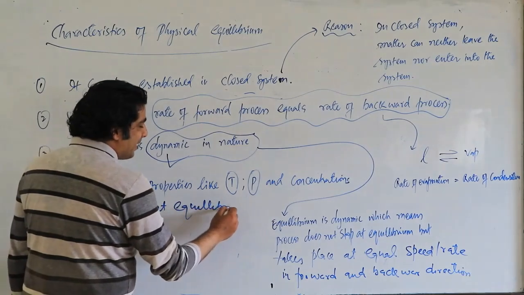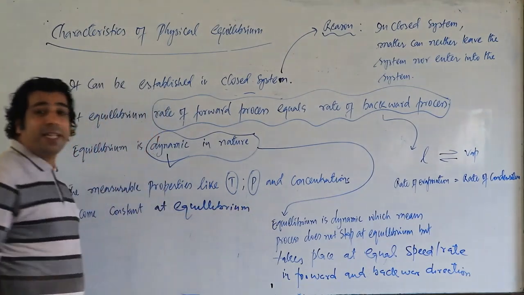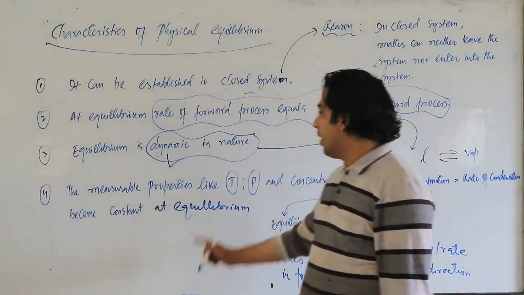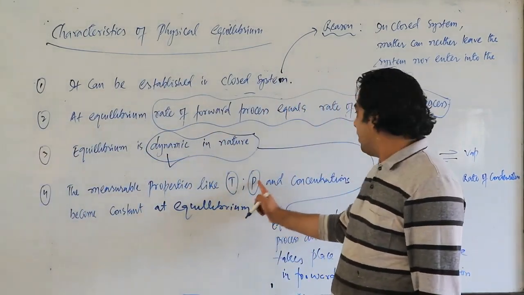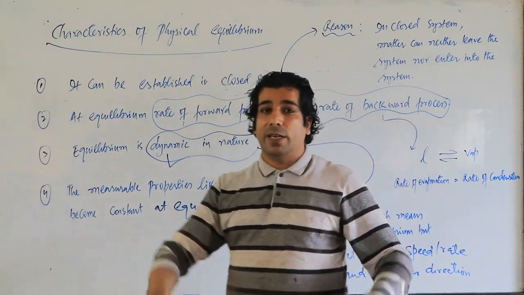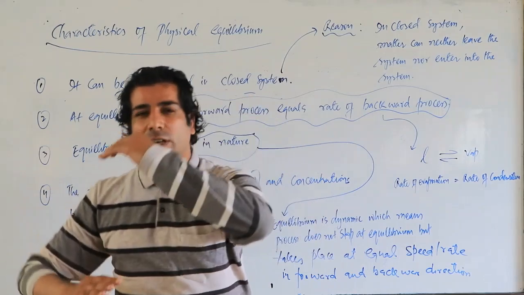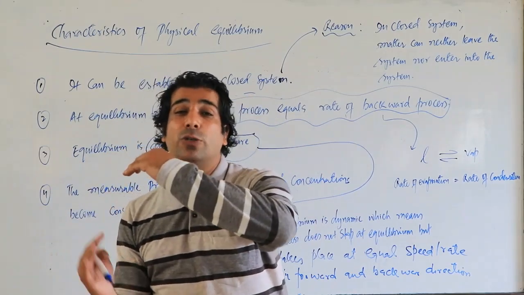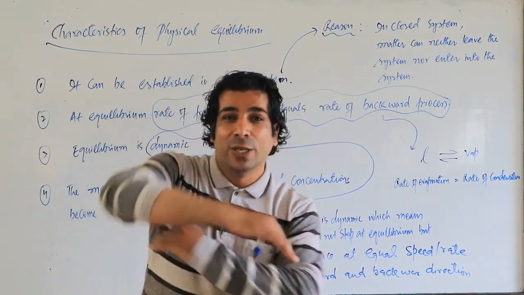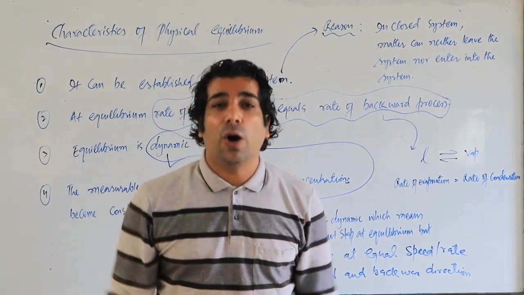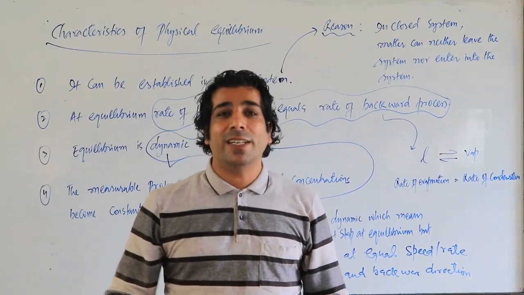So when any system achieves equilibrium, then the temperature, pressure and concentrations will become constant. Why? Because at equilibrium, the rate of forward process is equal to the rate of backward process. So the net change is zero. When net change is zero, all the properties will remain constant.